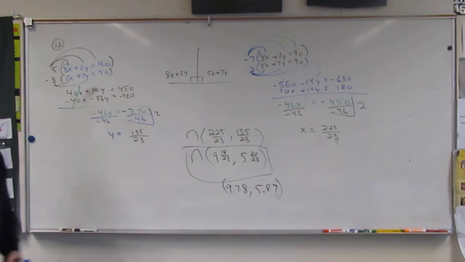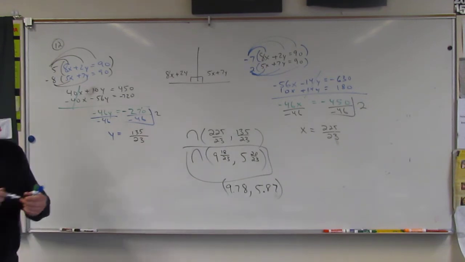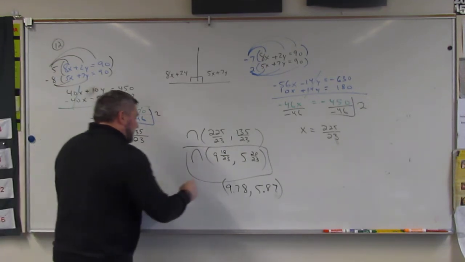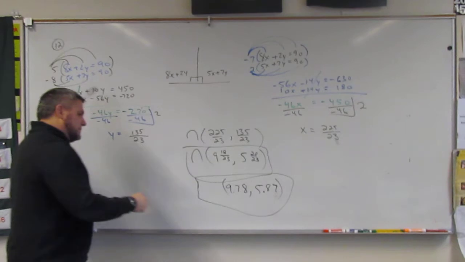So if you put it in your calculator, that's what you get. And hopefully 18 divided by 23 is 0.78. Good. And 20 divided by 23 is 0.87. Good. All right. We did that right. So all of these are correct.